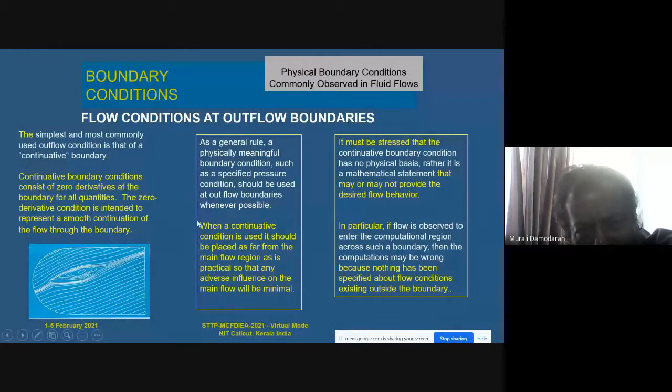One of the things which many people like to do at the far field boundary is to ignore all these things and just say that, oh, the flow will just continue like that, zero derivative. That's a very dangerous thing to do. If you put the boundary very close to the body, you're going to get all kinds of funny things. So as a rule, either keep the boundary very far away, which is not feasible most of the time, or use some other meaningful thing like a specified pressure boundary condition.